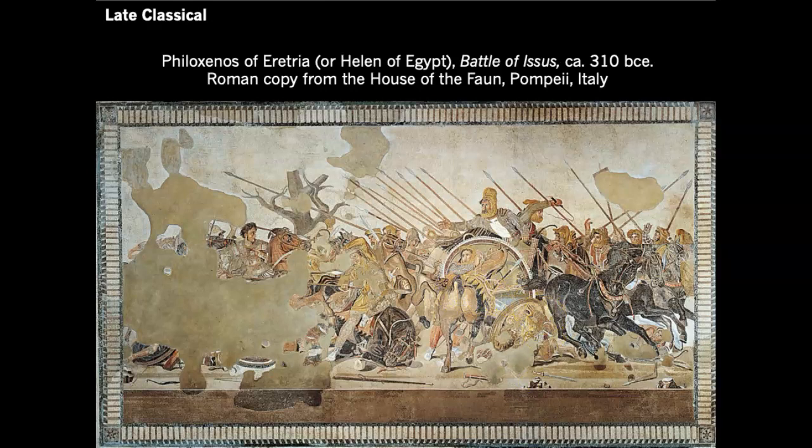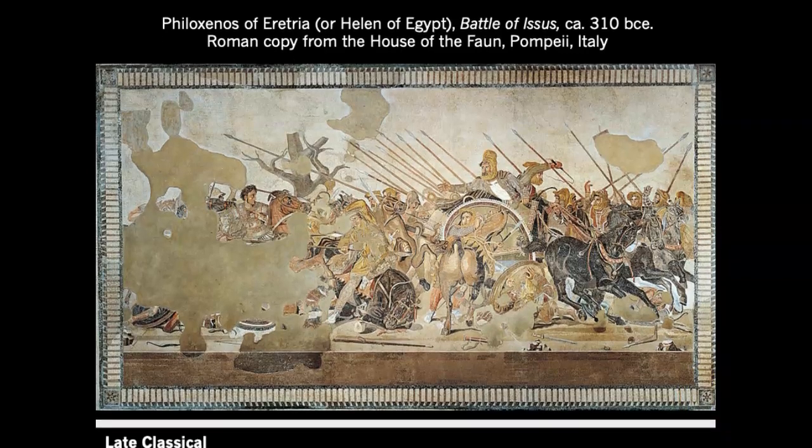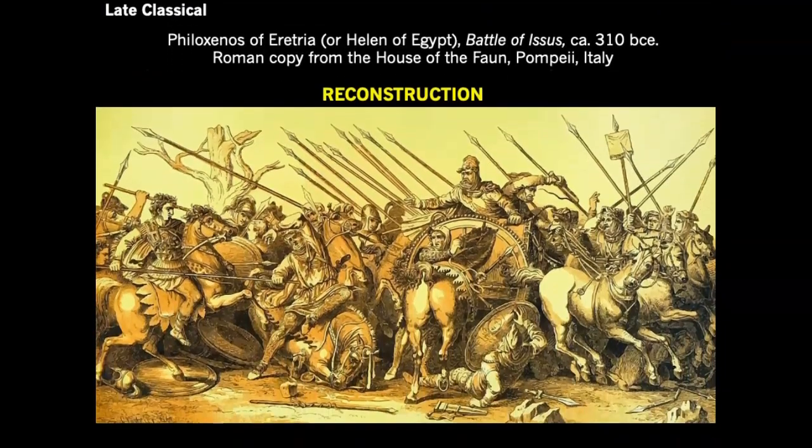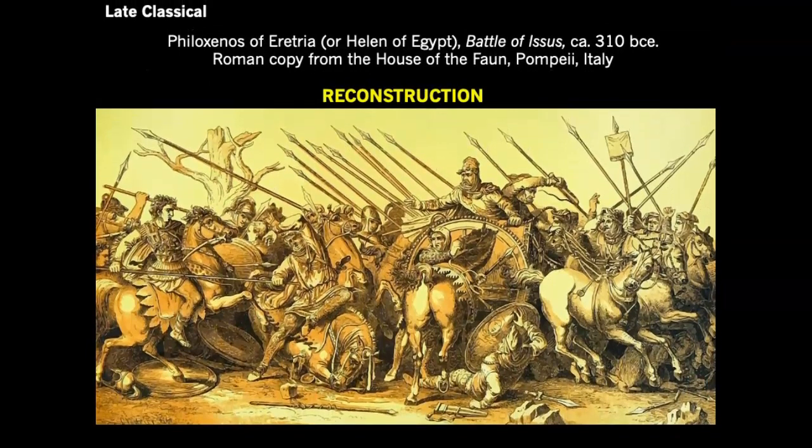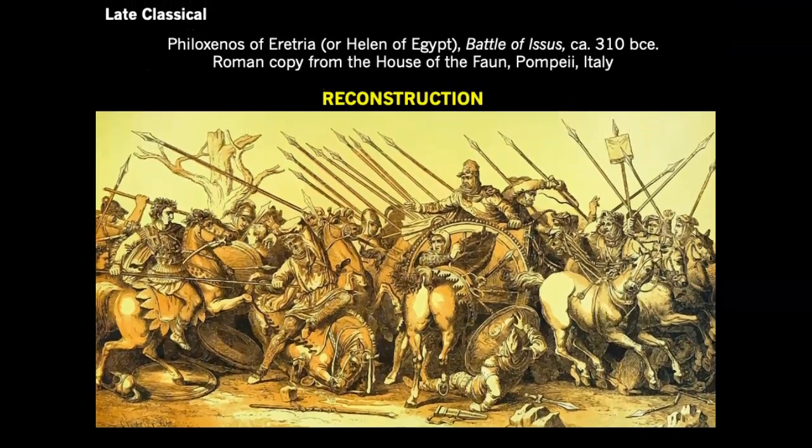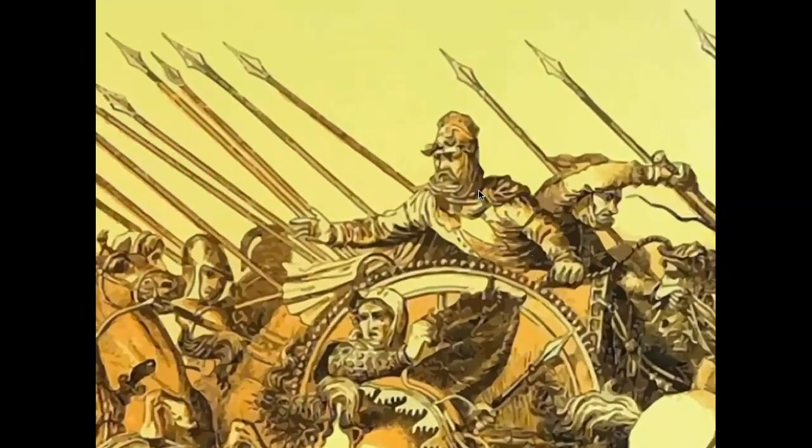Darius suffered a humiliating defeat with this retreat, and because I want to show you, this is a reconstruction of what we think the mosaic looked like in its original form. So what we see is Darius pulling back, and he's ordered for the retreat, right?